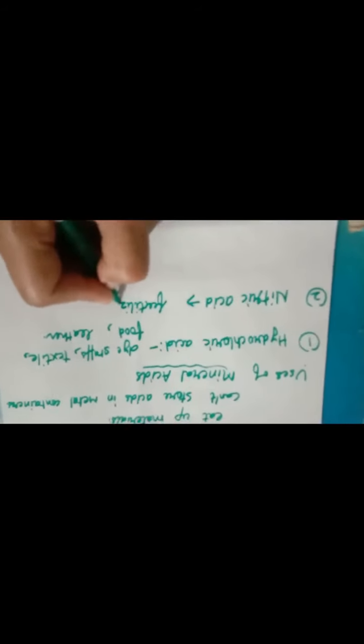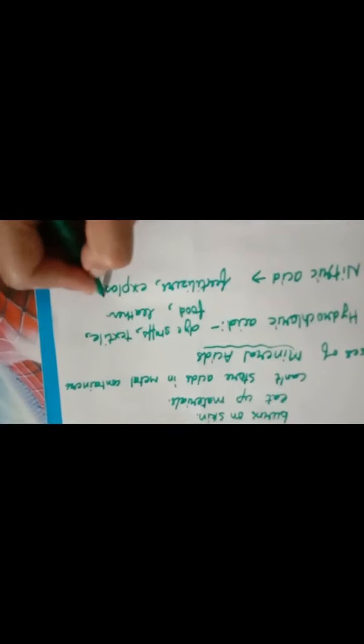This you just have to learn. Next, second is our nitric acid. That is used in manufacturing of fertilizers, explosives, dyes and plastics. So next, third is our sulfuric acid.